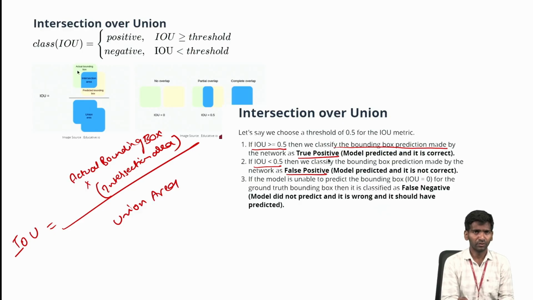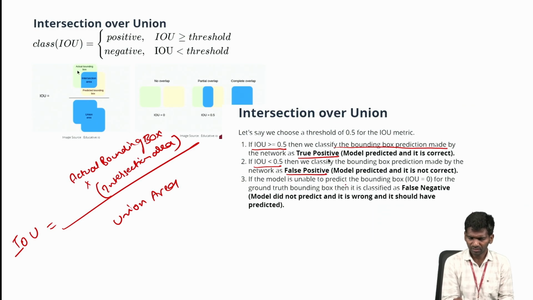It is similar to the precision and recall metrics that we have seen previously in machine learning. If IOU is greater than or equal to 0.5, we call it a true positive. If IOU is less than 0.5, we call it a false positive.